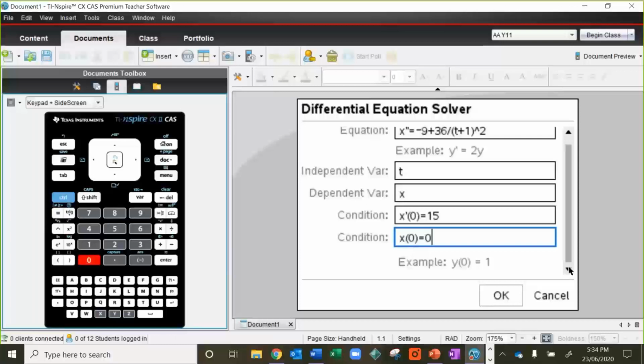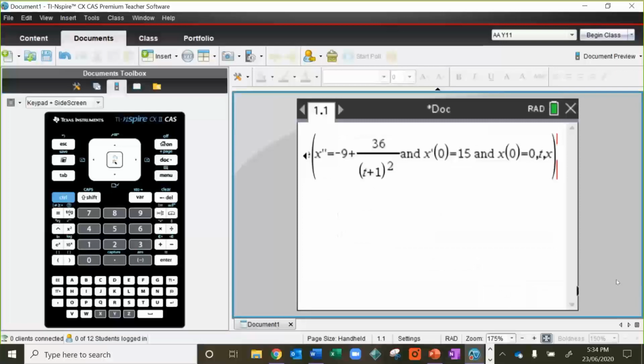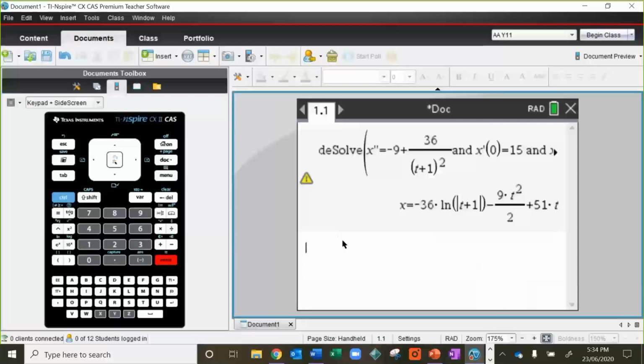Again, if you don't have this box, you just type your dsolve, the 2 conditions, comma t, comma x. So if I enter, now this is my x, which is the vertical displacement as a function of t.